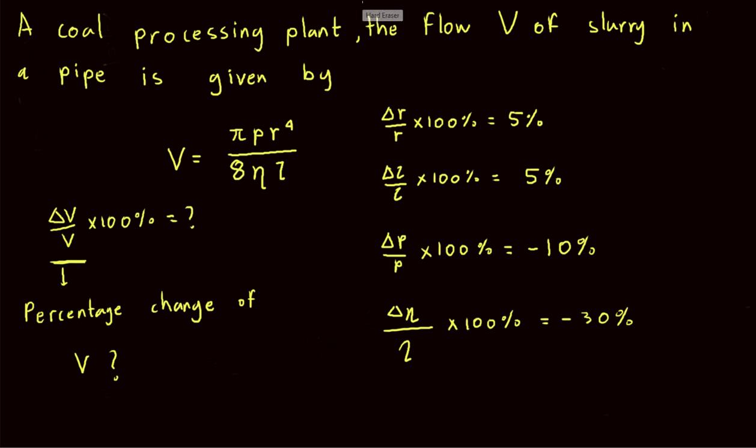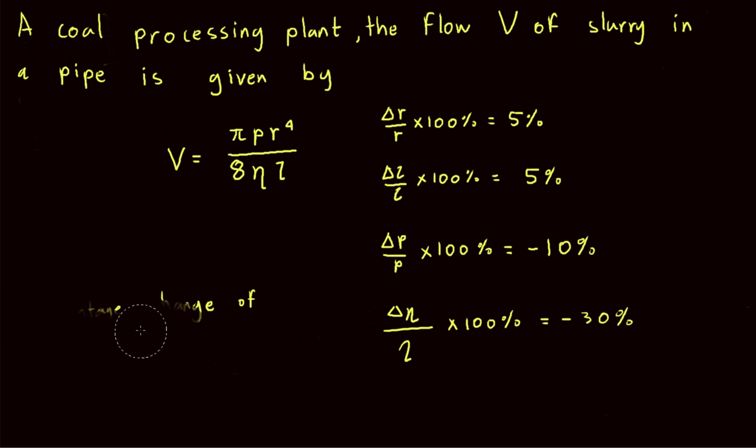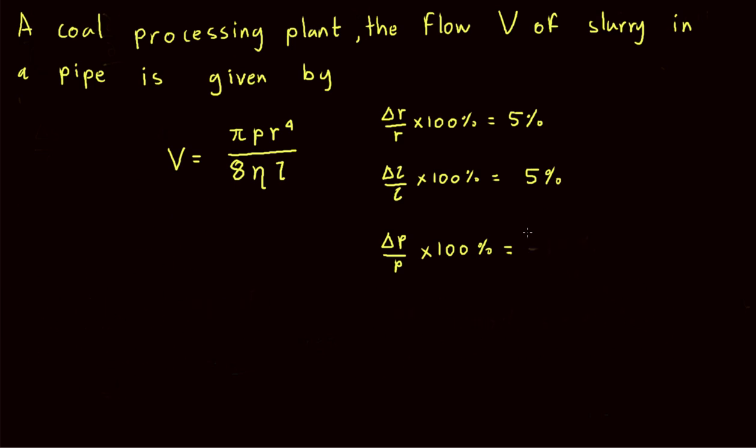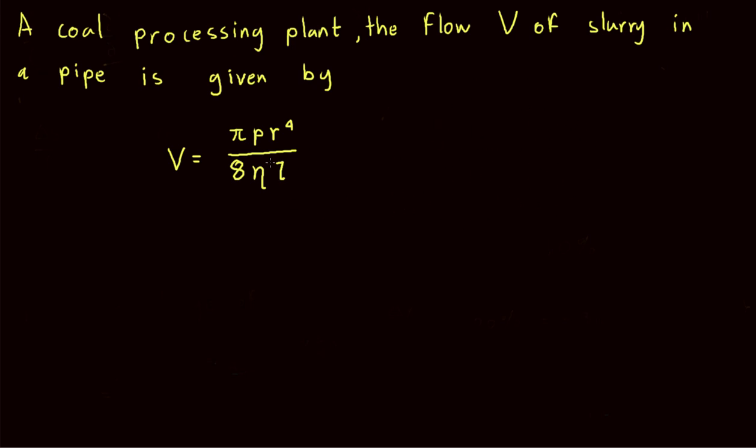Okay? So I assume you guys have given it a shot, and now we're going to try to solve the question together. Let's erase all that. So obviously to find the percentage change in V, you want to find delta V over V. Of course, we have to find all the del V, my apologies.